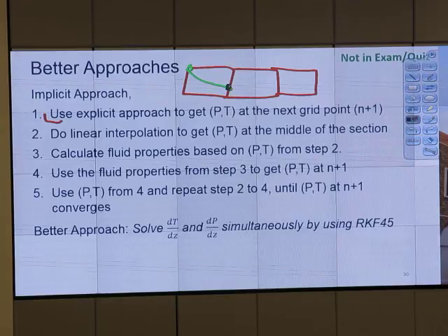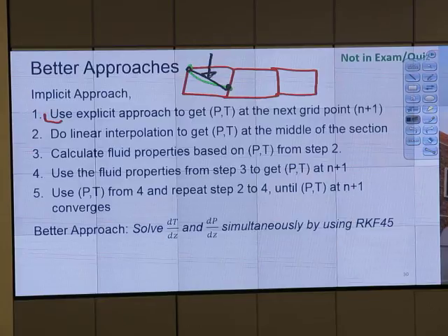Once you get the temperature at that point, you don't accept it as a final answer. You know the inlet temperature, you do linear interpolation, so you average it. So you know the fluid property at the middle, and you know the temperature at the middle, right? And use the temperature at the middle as the representative temperature to calculate fluid property.